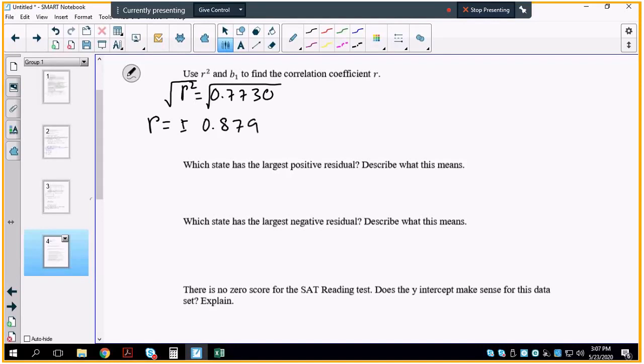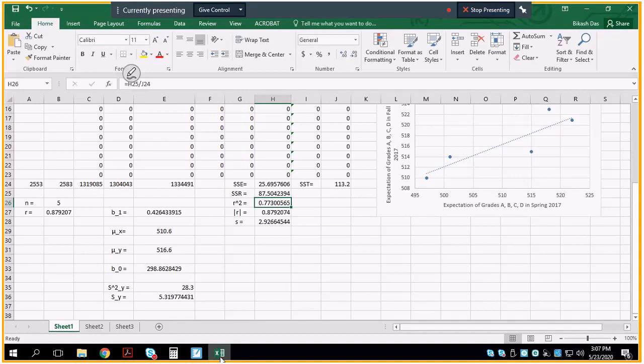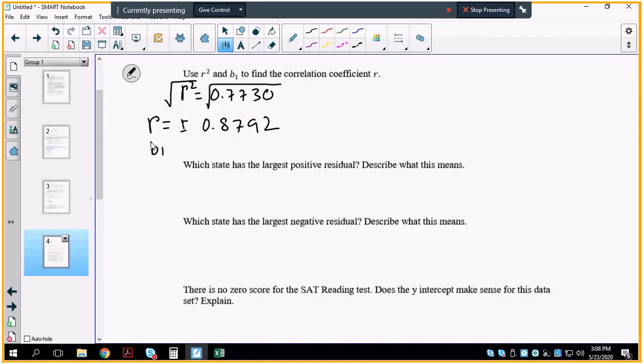Then from the spreadsheet, I will find out how much is B1, and B1 is equal to 0.4264, which is a positive constant, and that tells me my correlation coefficient must be positive as well, 0.8792. And this is what we talked about. We said that there is a positive relationship, and now we have established that.